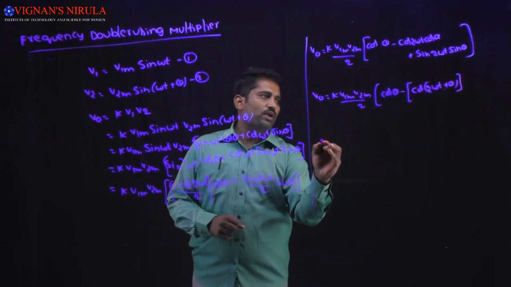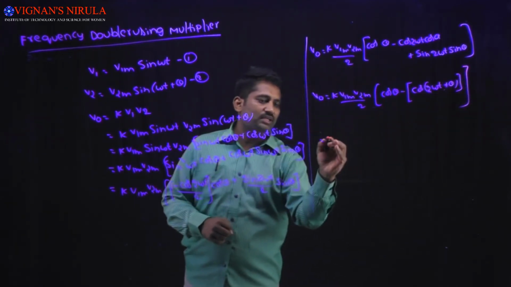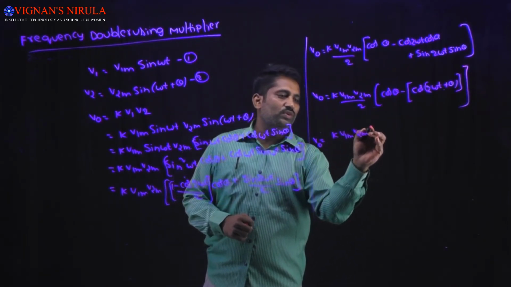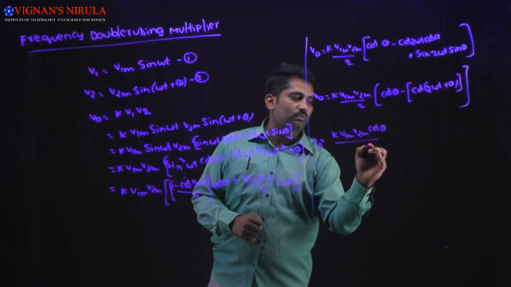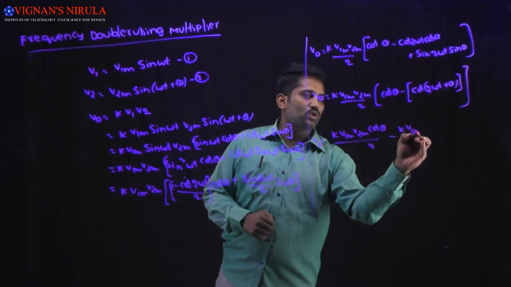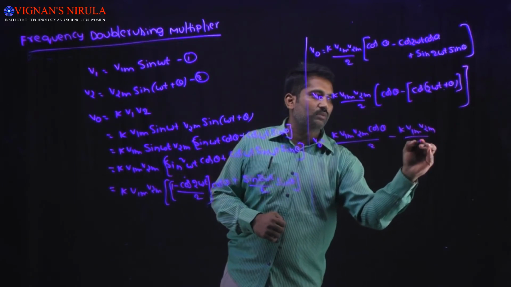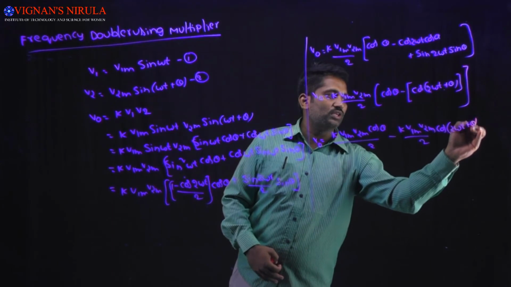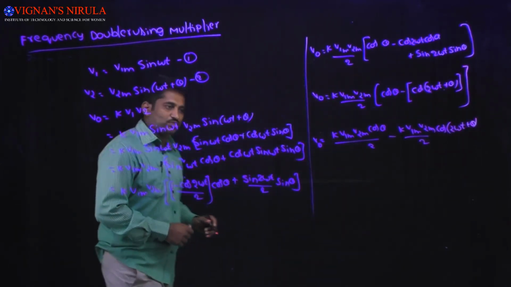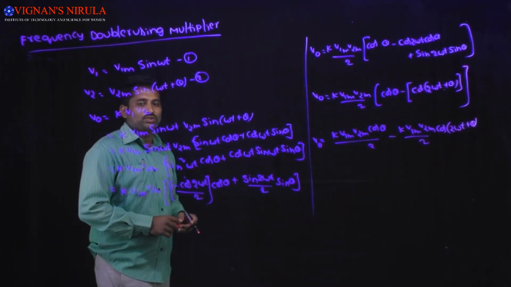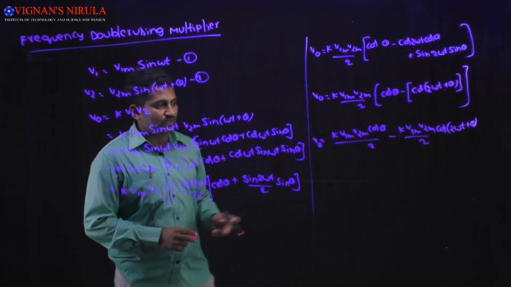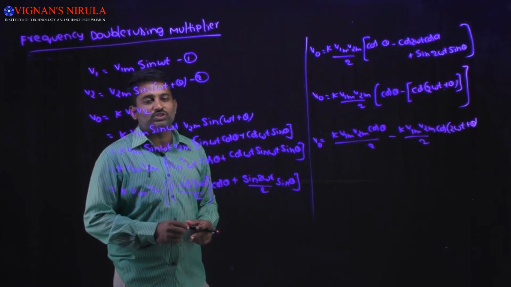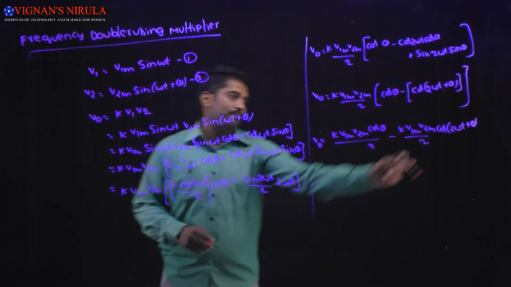Okay, so from this expression what we can write is V0 is equal to K into V1m into V2m into cos theta divided by 2 minus K into V1m into V2m divided by 2 into cos of 2 omega t plus theta. If you observe the final expression, we can conclude the output voltage consists of a DC term along with an AC term which varies with respect to time t.